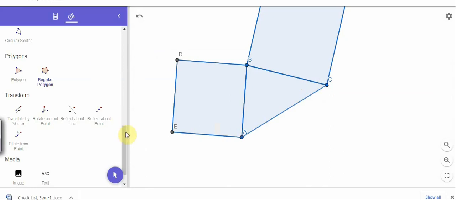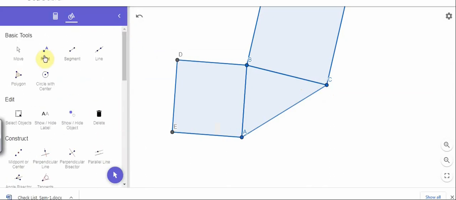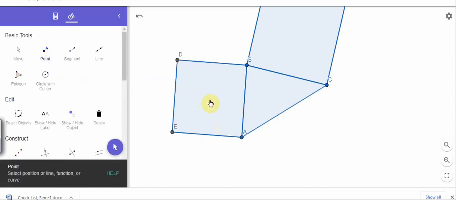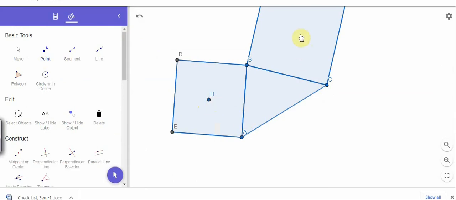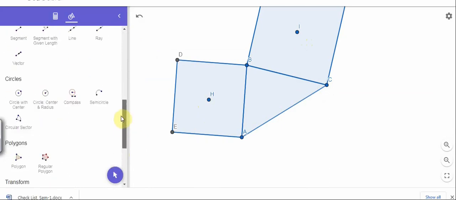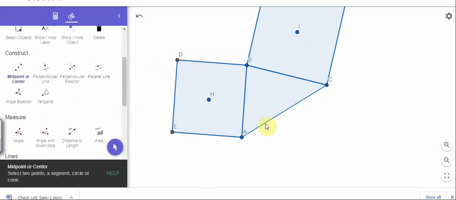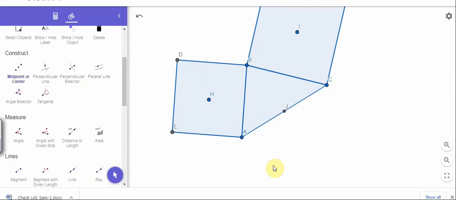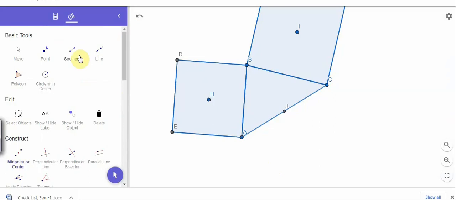And I consider the midpoints of the squares and the midpoint of side AC. I connect H and J, and I connect I and J. We will show that HJ is equal to IJ.